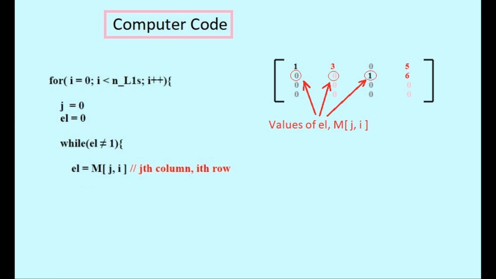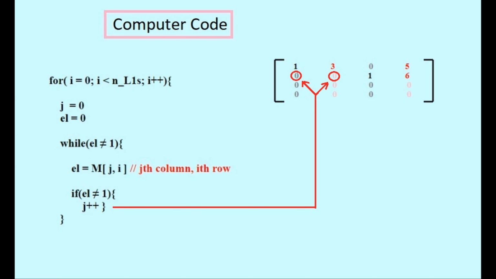We'll keep looping through the column positions and get the value of this element at this position until it is equal to 1. It should be equal to 0 until it is finally equal to 1, and then this should be the leading one. And this section tells the computer to keep incrementing the column position until it gets to a position where the element is equal to 1, so this would be the leading one.